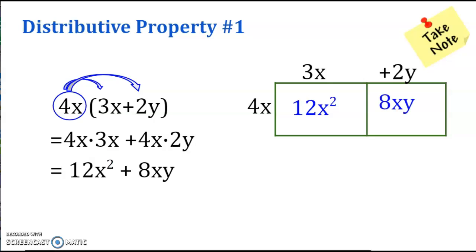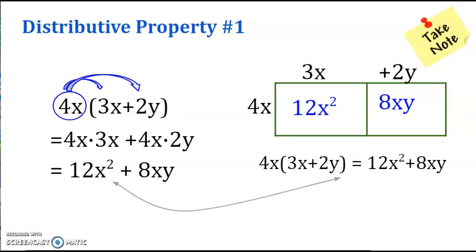So for the area model, we get the same answer. 4x times 3x plus 2y is 12x squared plus 8xy. Basically, the distributive property and the area model, we're doing the same thing.